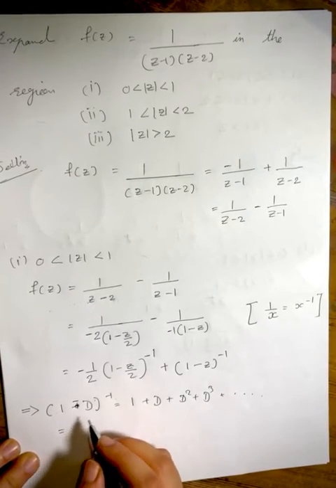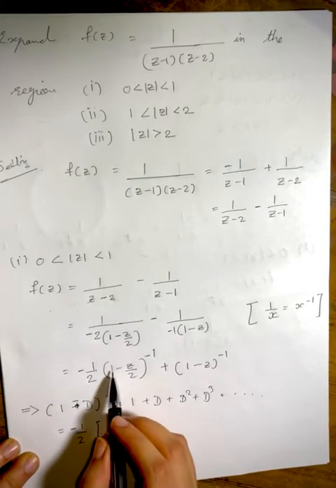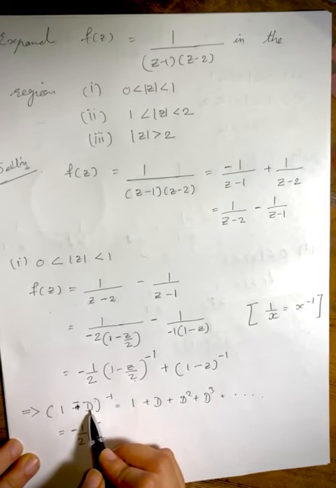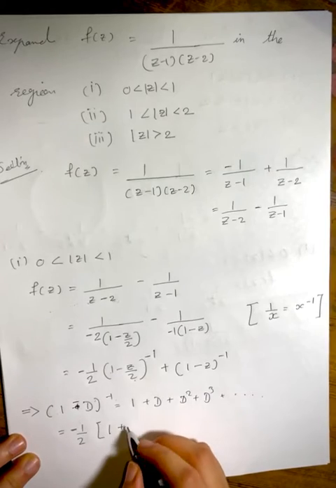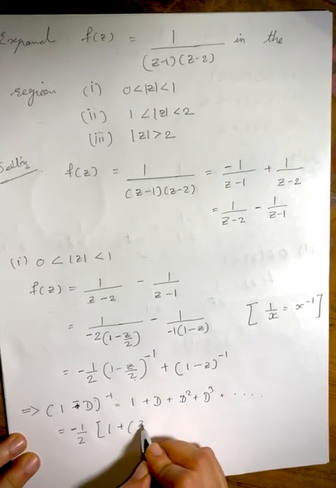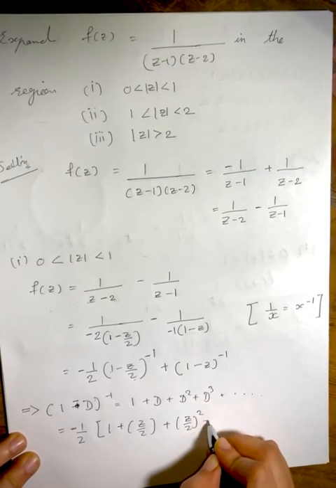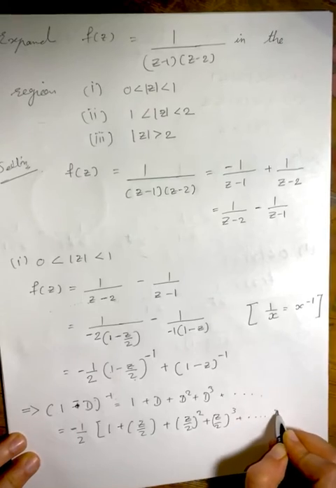So here you have minus half common, and you expand this, where z by 2 is your d. So 1 plus z by 2 plus (z by 2) squared plus (z by 2) cubed and so on.